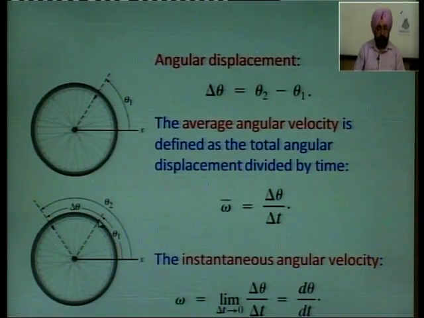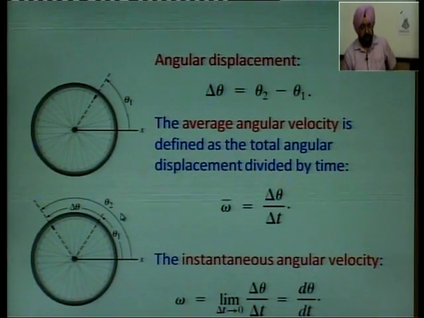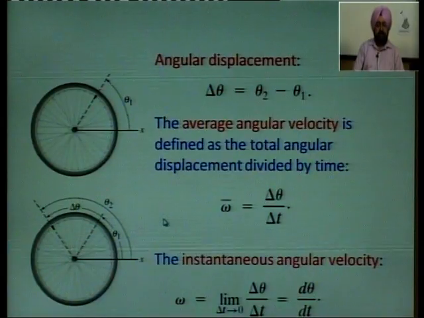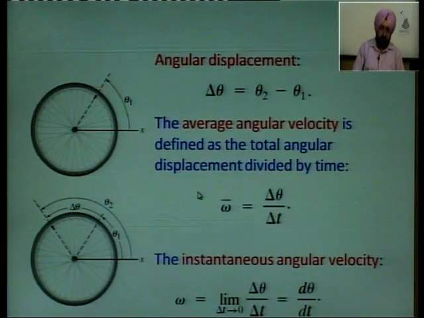Then how do we define angular velocity? You see, in the case of translational motion, you had defined linear velocity as the time rate of change of linear displacement per unit time. When we talk about rotational motion, here we talk about angular velocity.